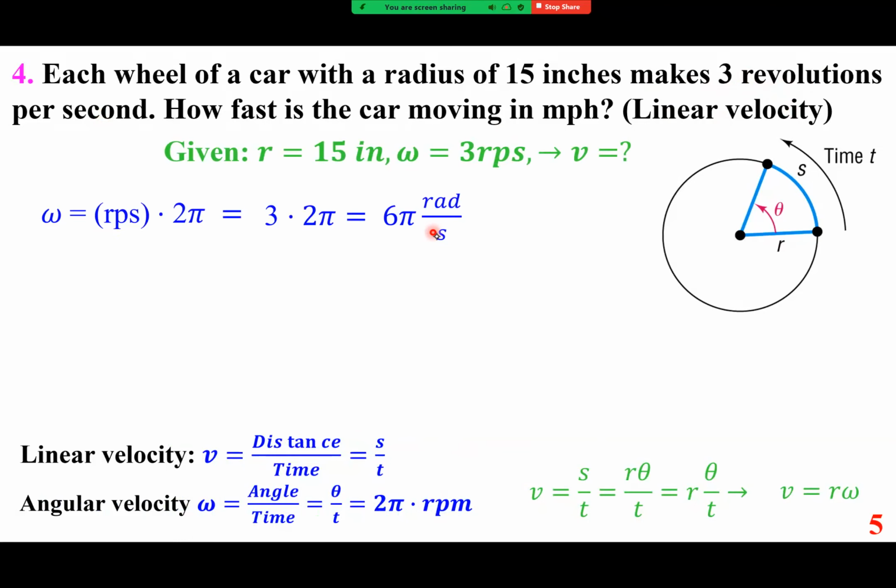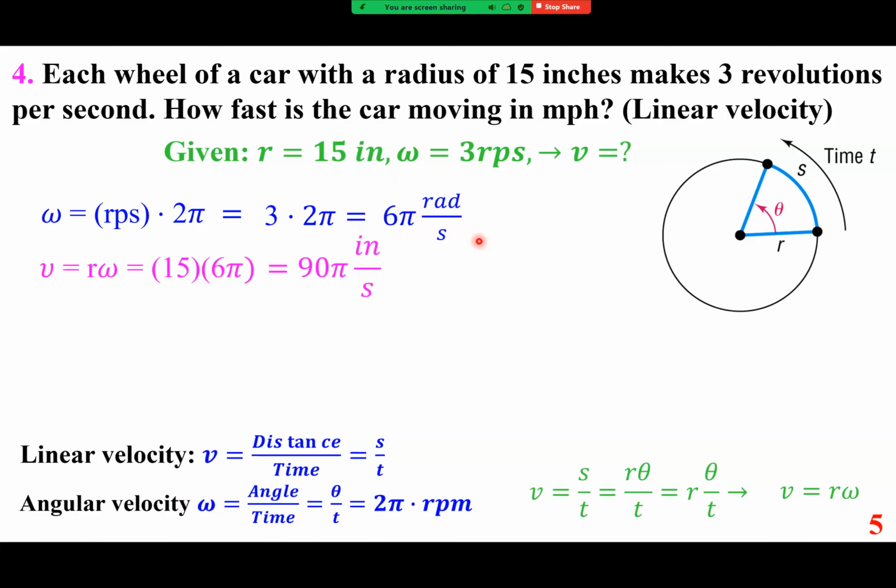V is R omega, so we basically multiply this by R. So 15 inches times 6 pi radians per second gives you 90 pi inches per second. Basically, radians don't have units, so it's inches per second.